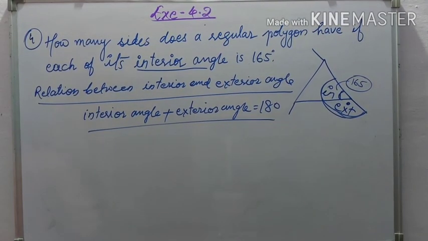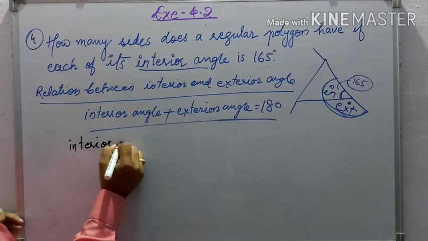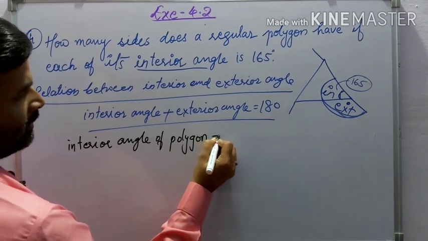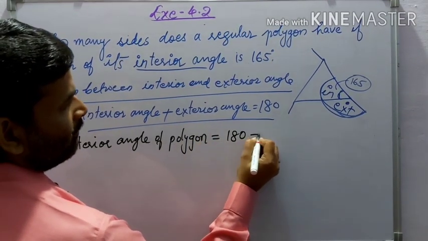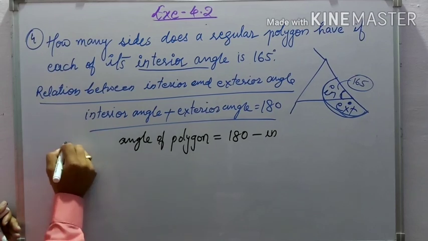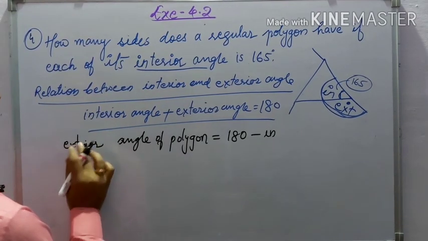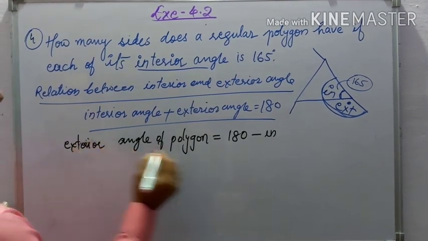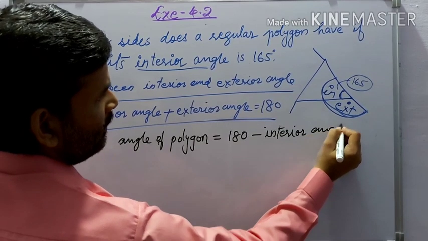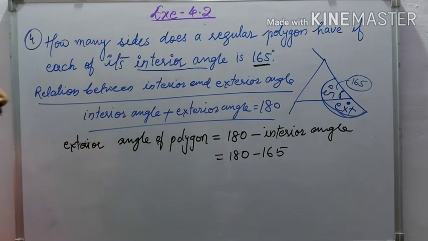Exterior angle is equal to 180 minus interior angle, that is 180 minus 165, because the interior angle is 165.